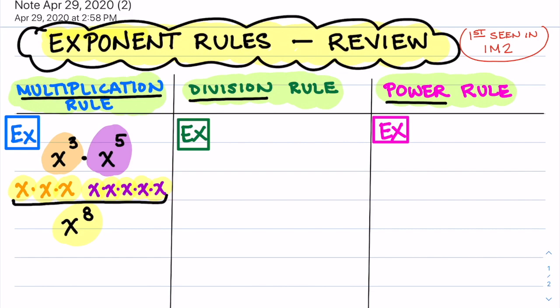Now, this is a very straightforward example, but you can imagine with bigger numbers, or if this type of property were embedded in a bigger problem, that it might be useful to have a shortcut to arrive at this answer rather than writing out everything over and over and over. Let's say I had x to the 21st power times x to the 48th power, right? You don't want to sit there and write x over and over and over, right?